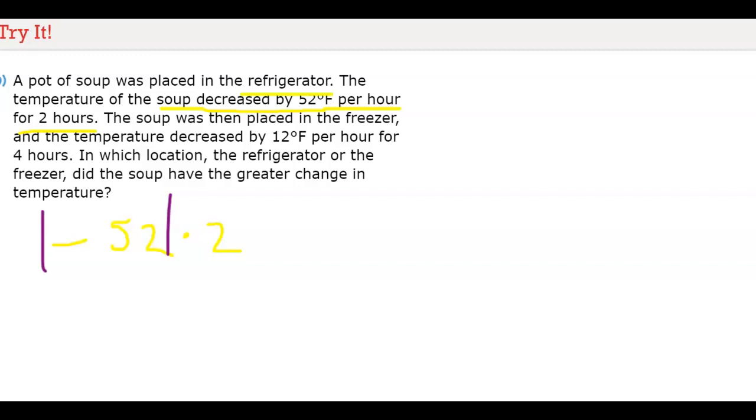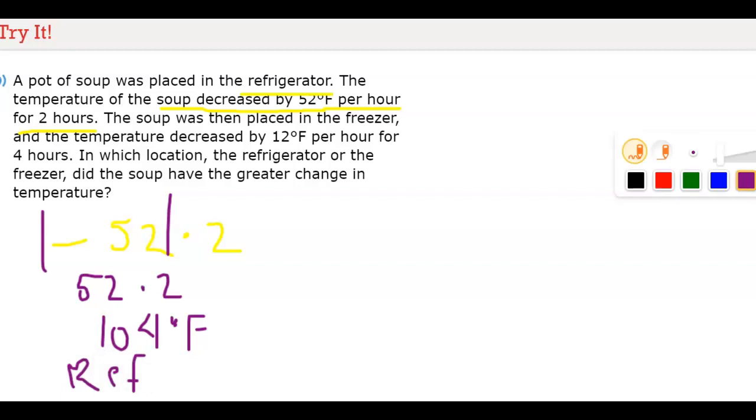So -52, the absolute value would be just 52, and then times 2. And then you have to solve for 52 times 2, and that will equal 104 degrees. So that's the change in temperature for the refrigerator.